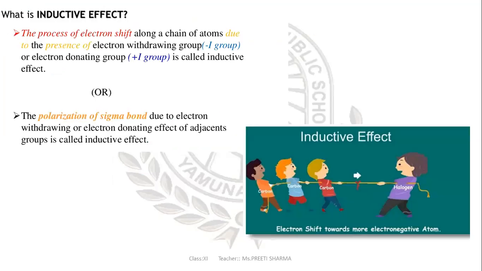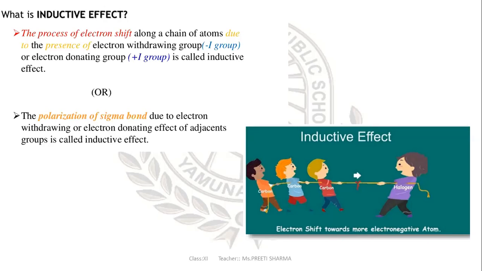Now, what is inductive effect, students? The process of electron shift along a chain of carbon atoms due to the presence of either an electron withdrawing group or an electron donating group is known as inductive effect.